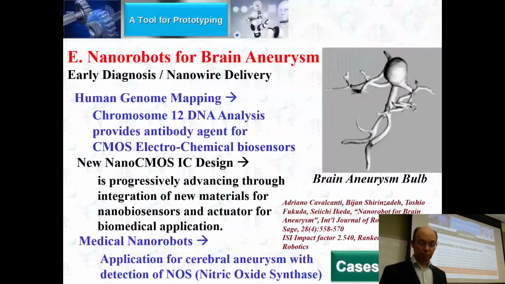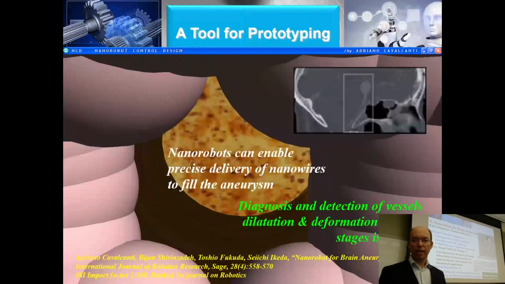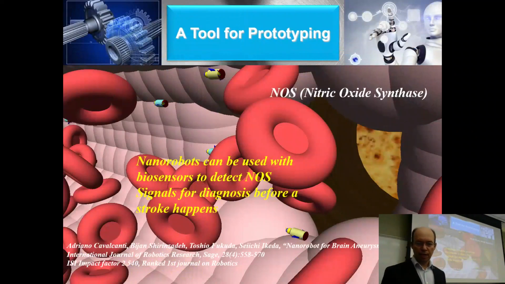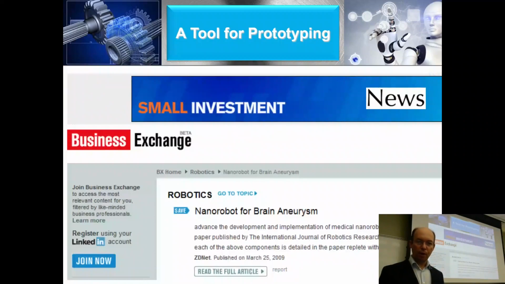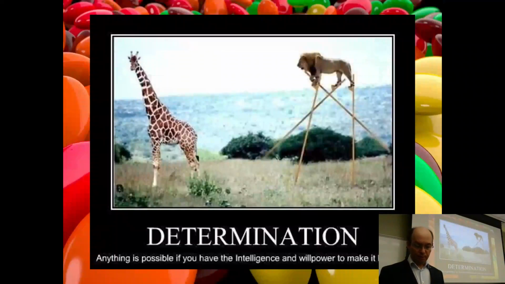Additionally, we can also apply nanorobots for brain aneurysm. And again, depending on the application you have in hand, will be the protein that you want to include in the model. And of course, when it comes to working and implementing a model for a nanorobot application in cancer, and also in other biomedical problems, and overall when we talk about nanotechnology, of course, determination is very important.